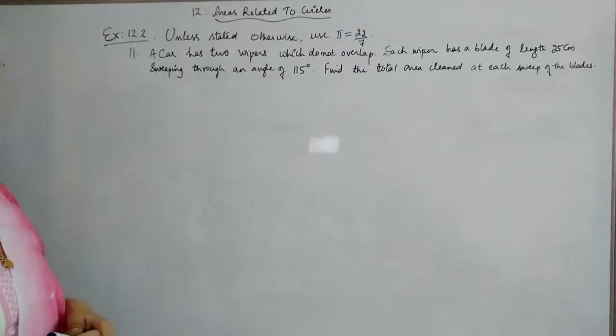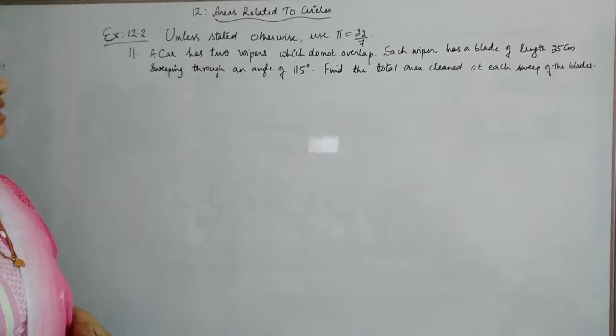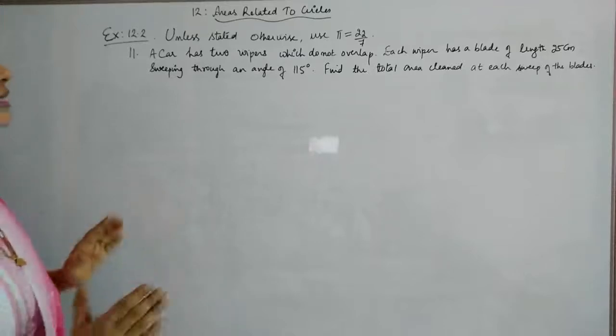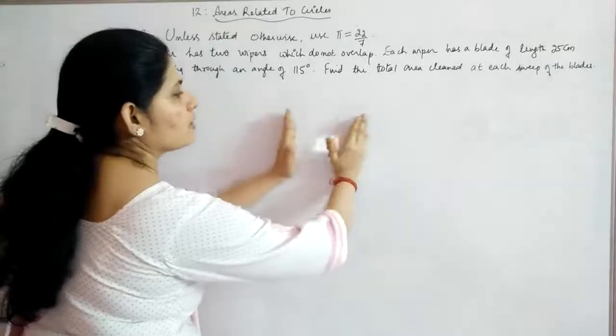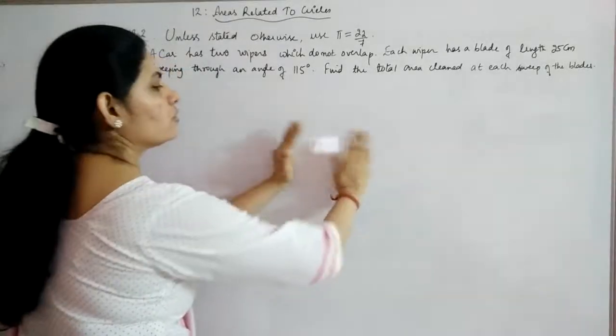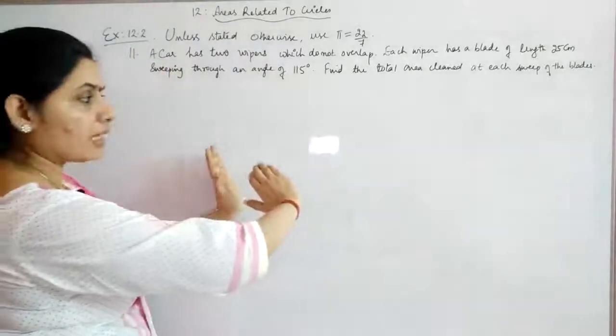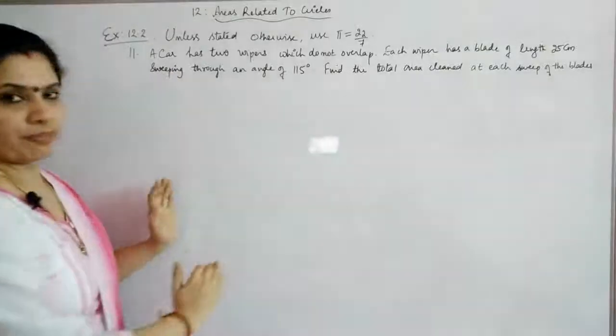Question number 11 is, a car has 2 wipers which do not overlap. Each wiper has a blade of length 25 centimeter sweeping through an angle of 115 degree. Find the total area cleaned at each sweep of the blades. So you know that the wiper of the car, like if you have 2 wipers like this, they will sweep angles, or the area will be the same by the wipers to be swept out.